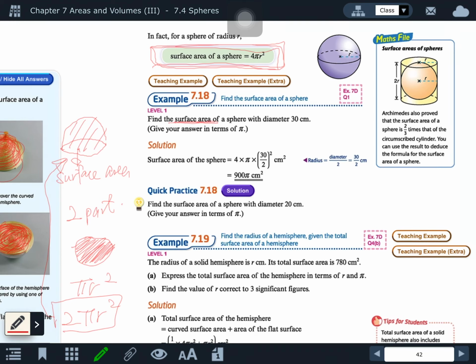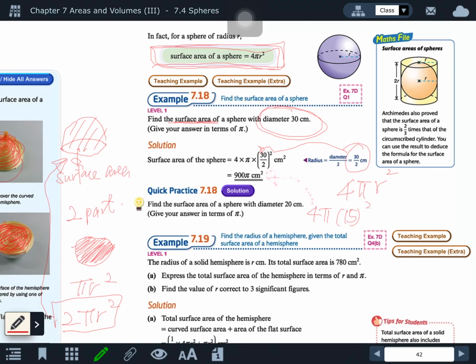If we have a sphere with a diameter of 30 cm, because the formula uses the radius, we first halve it to find the radius, 15. Second, we apply 4 pi 15 square, and this is the surface area. After using the calculator, in terms of pi, the answer is 900 pi cm square.